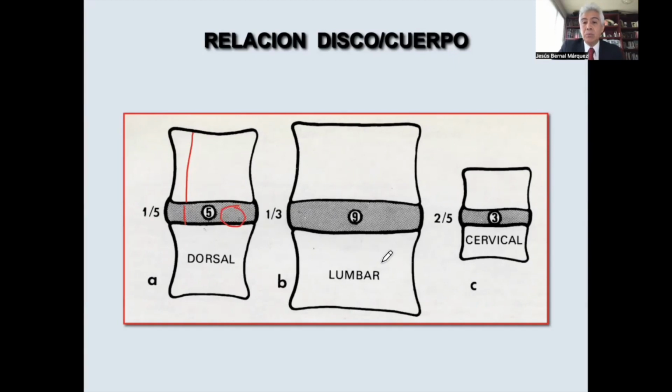In the lumbar region, we have a proportion of the intervertebral disc to the vertebral body of 1/3, so we are talking about a much larger intervertebral disc. Something similar happens in the cervical region, where it is 2/5 in relation to the vertebral body. Here it is also common because the lumbar and cervical regions are the two areas of greatest mobility in our spine.